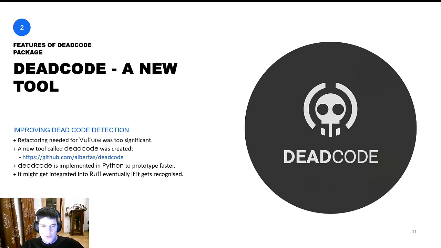So it was way easier to just start a new tool, and I created Deadcode. It is implemented in Python, and it is way easier to prototype and move faster using Python. But eventually, this Deadcode tool might get integrated into Ruff if the feature set gets stable and this Deadcode package gets recognition.